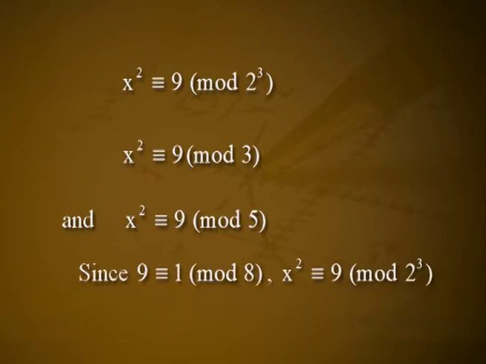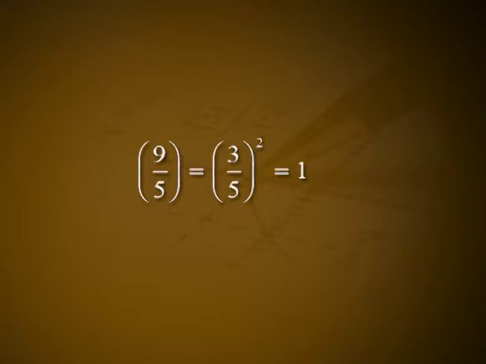Since 9 ≡ 1 (mod 8), x² ≡ 9 (mod 2³) has a solution. x² ≡ 0 (mod 3) admits 0 as its only solution, and the Legendre symbol (9/5) is equal to (3/5) squared, which is equal to 1. So x² ≡ 9 (mod 5) also has a solution. Hence, the given congruence has a solution.